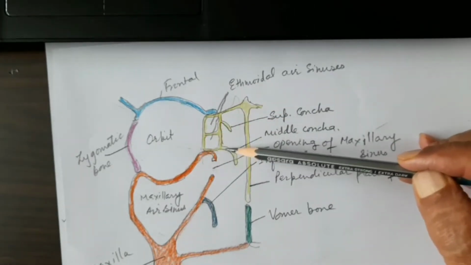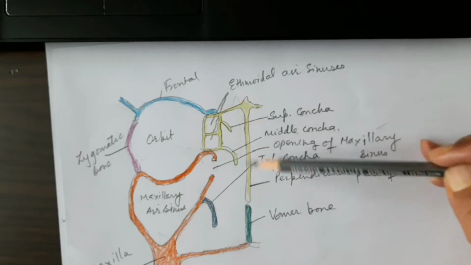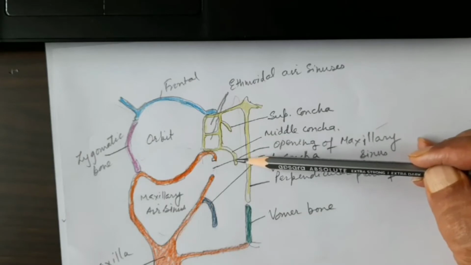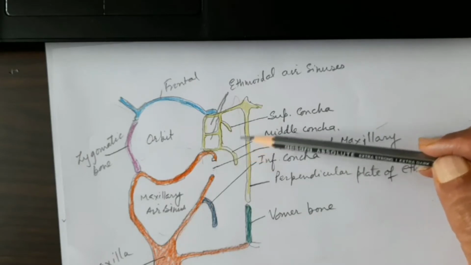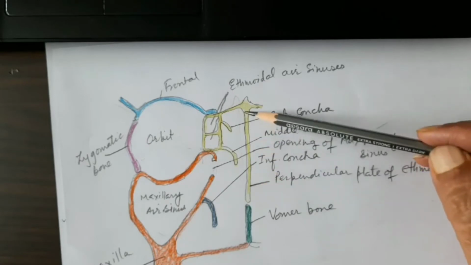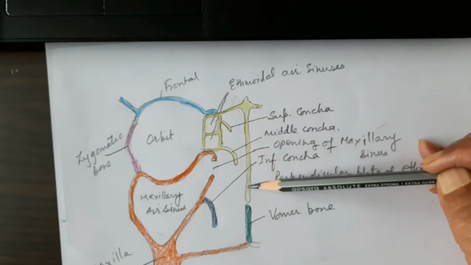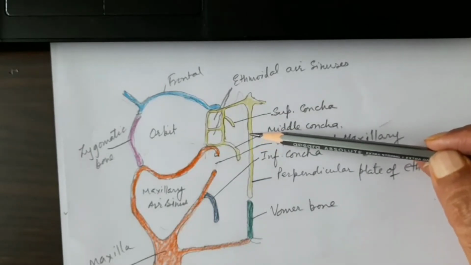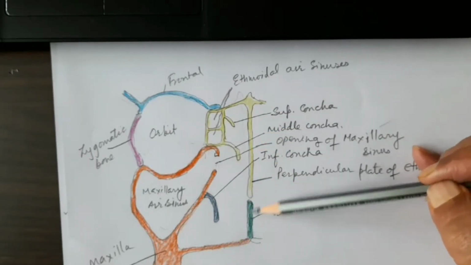There are 2 bony projections coming from the ethmoid, the superior concha, and this is the middle concha. Now this is the perpendicular plate of ethmoid which forms the upper, posterior and superior part of the median nasal septum. Lower down, this is the vomer bone.